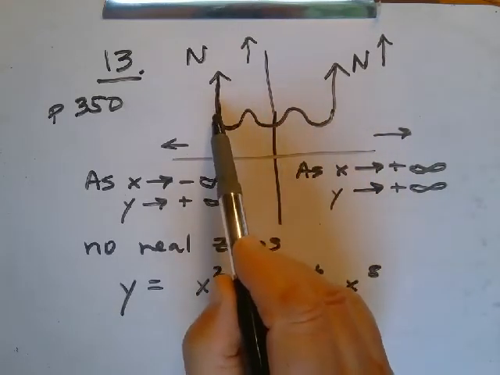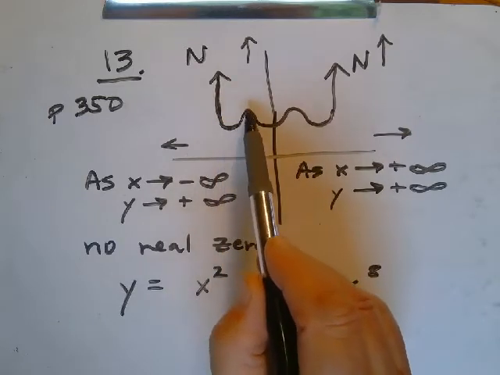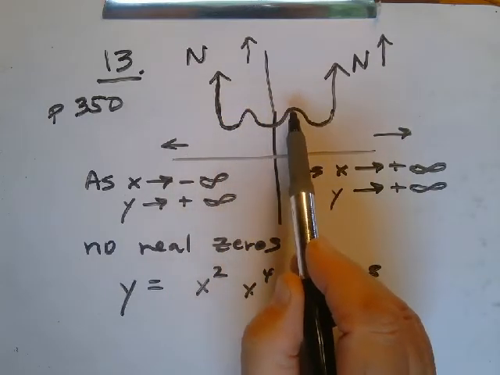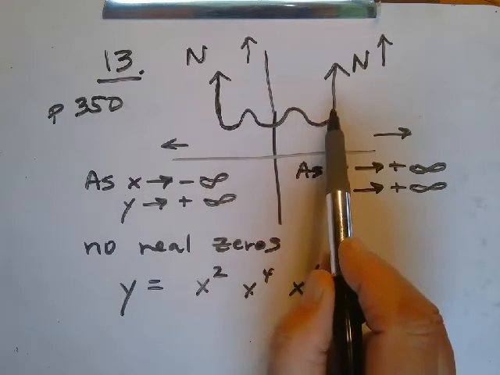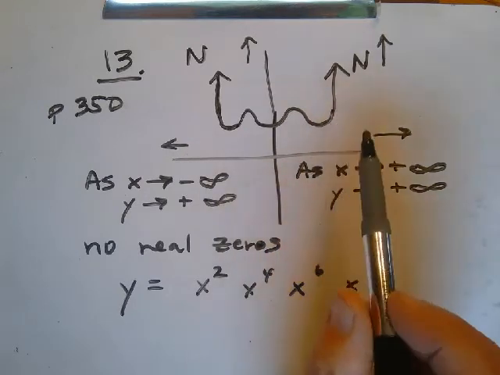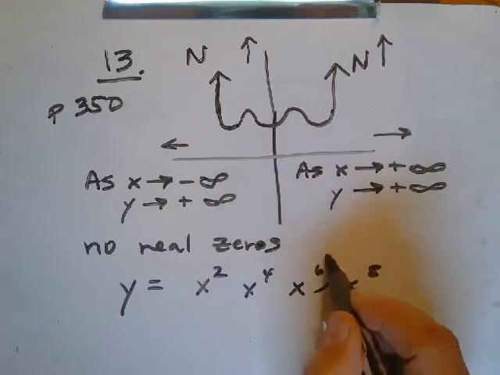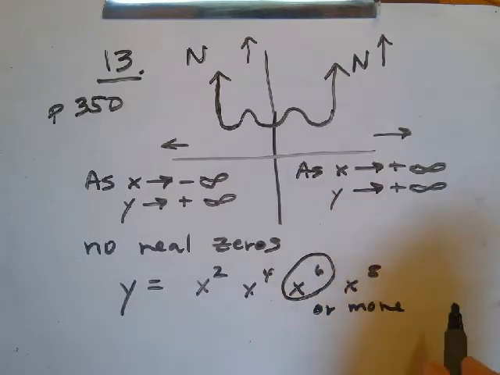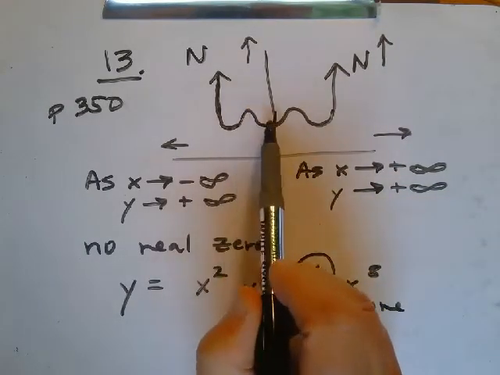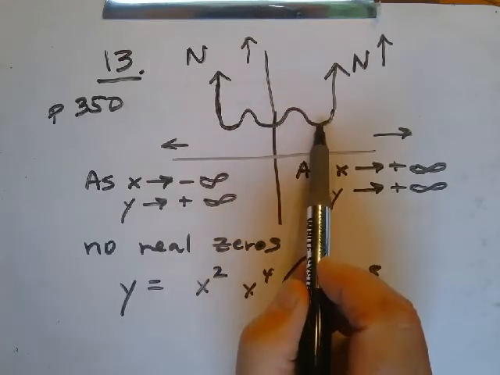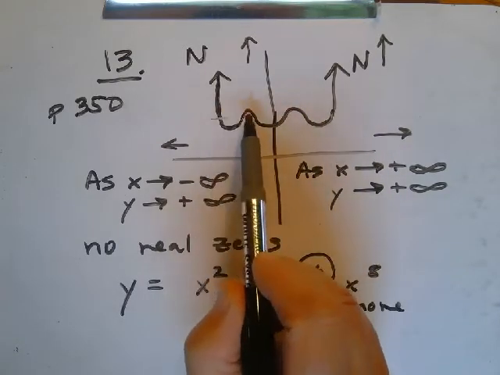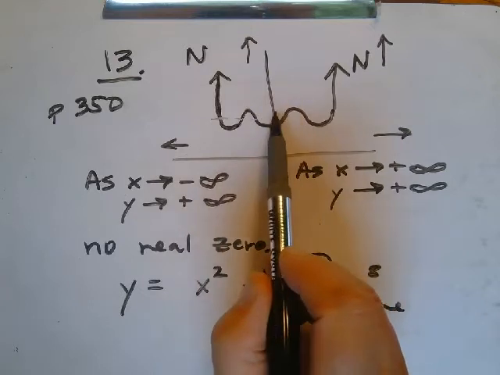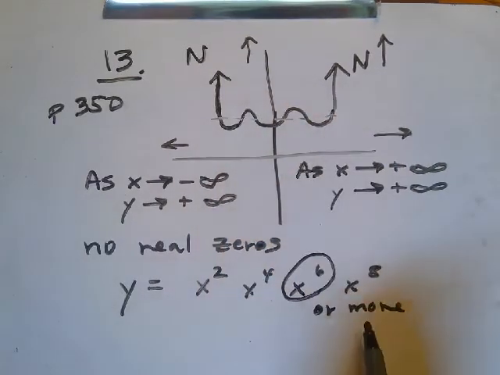Let's see how many bends it has. 1, 2, 3, 4, 5 bends means that it could potentially have 6 zeros or more. You count the number of bends and say, well, I could have a zero here and here and here and here and here and here. I could have six zeros if this was shifted down.